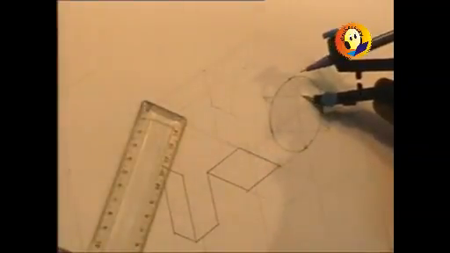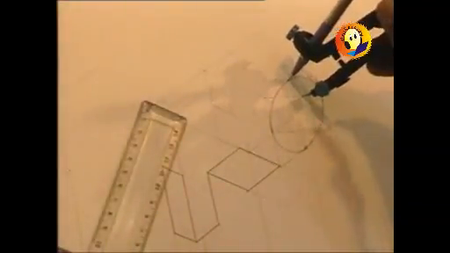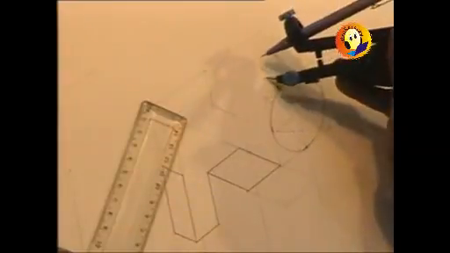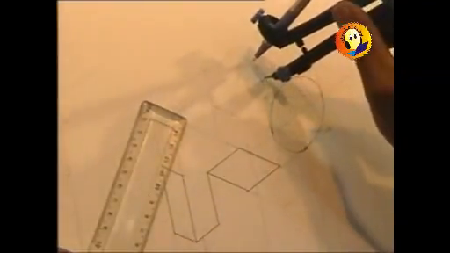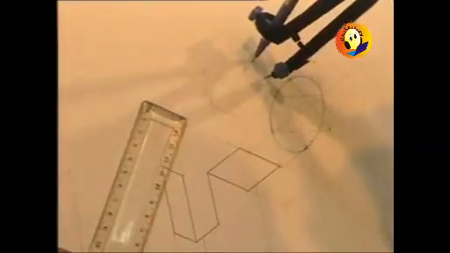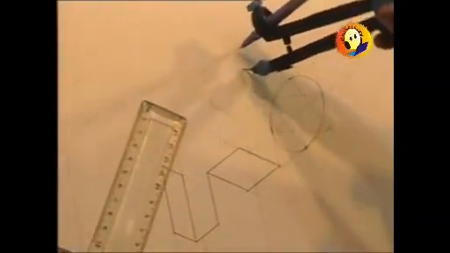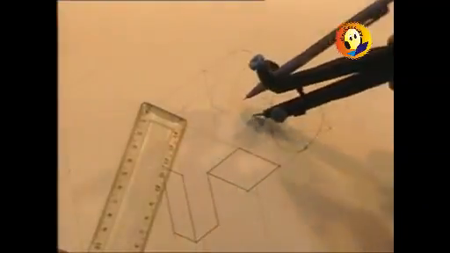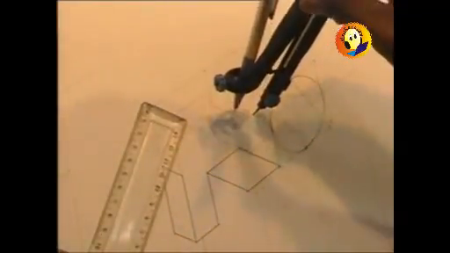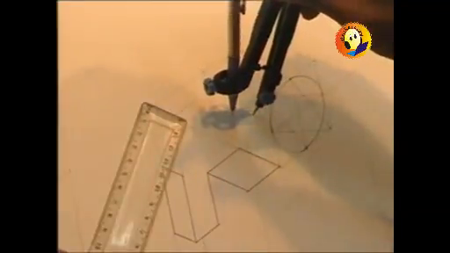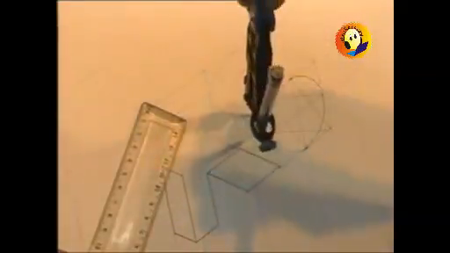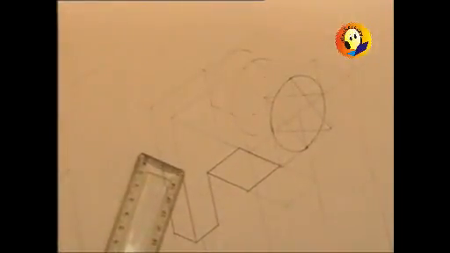Then I am taking the smaller radius, going to the first shifted center and drawing the arc. Second shifted center and should be drawing the arc. Then the center over here, through which we should be again drawing the arc. So this is how the centers will be shifted.